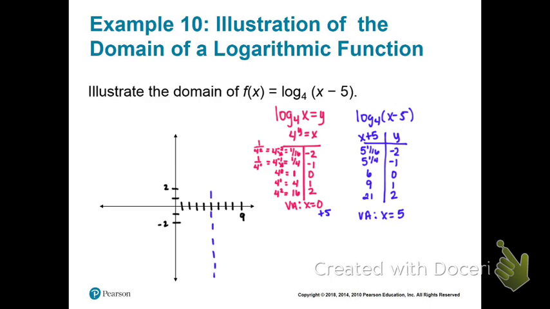Remember, it's dashed because it's an asymptote. And then plot your points. And I can't plot the 21 on mine, but that's okay. We just know that means it's flattening out some, right?